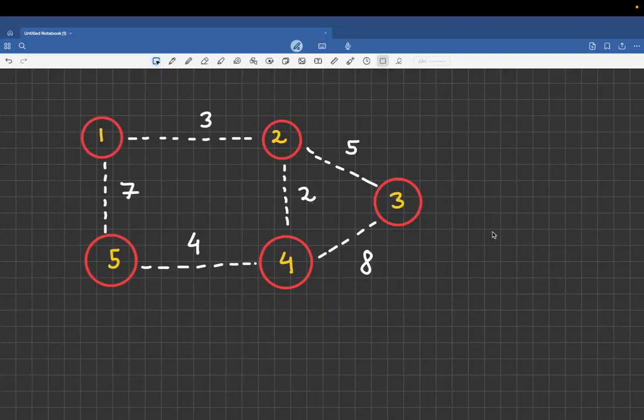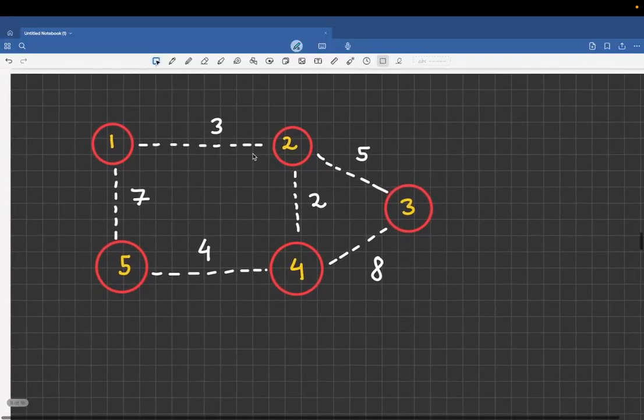Okay. So let's try to understand with the help of this particular example.